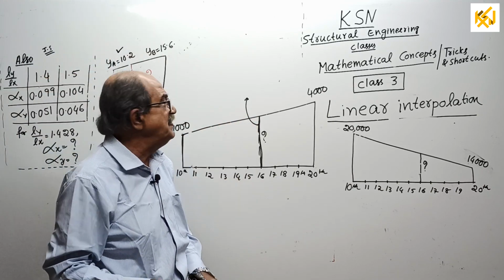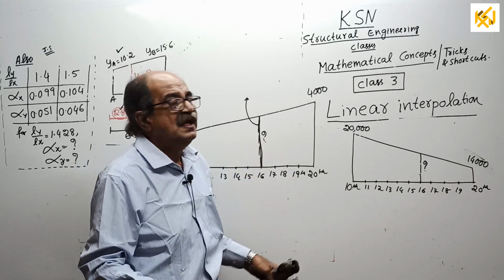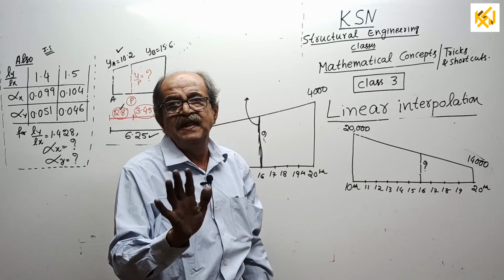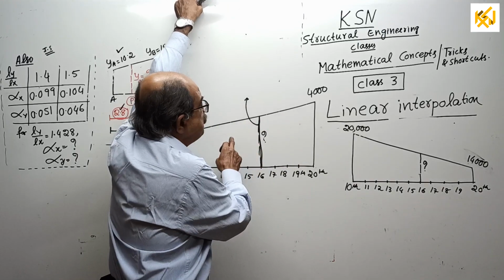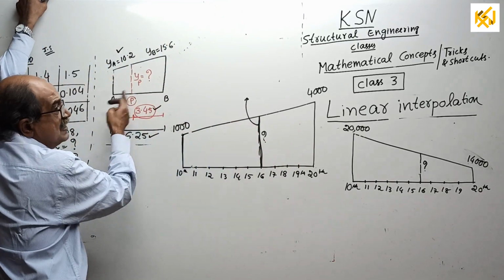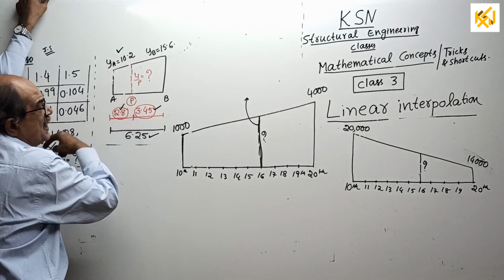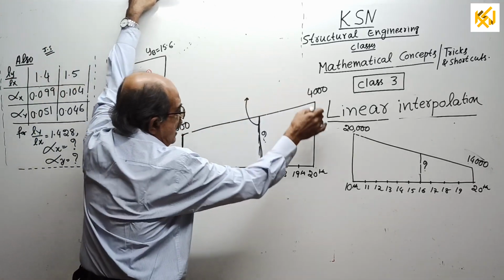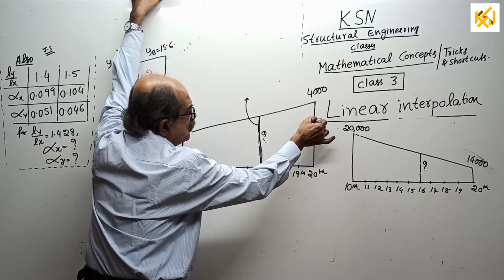Then suddenly you don't feel, "This answer I know, what is he explaining?" Don't feel that way. I am explaining the principle useful for the example I have given here. Today it is 1,000. After 10 days, it became 4,000.